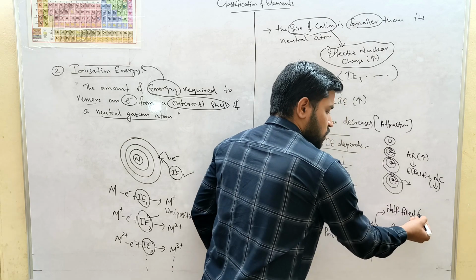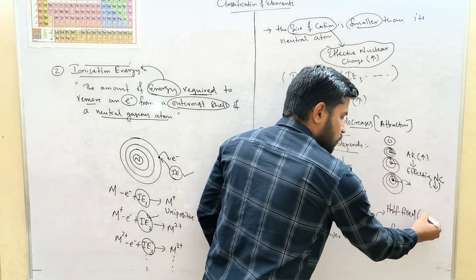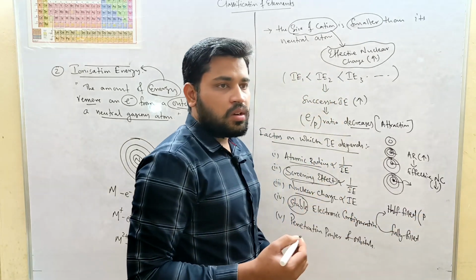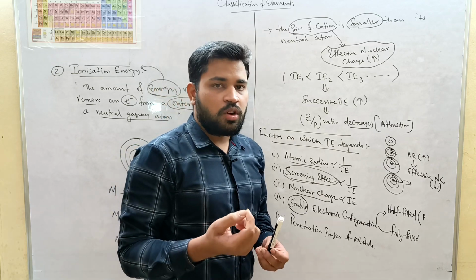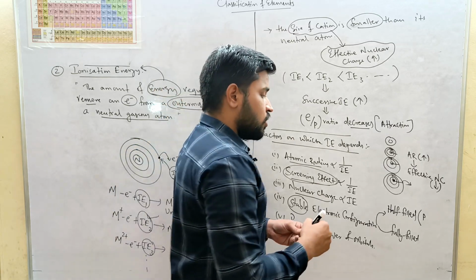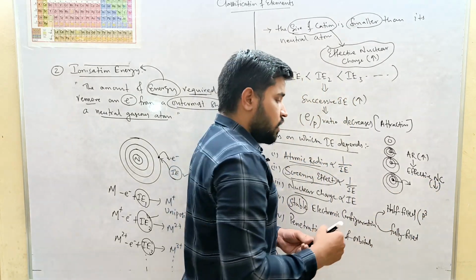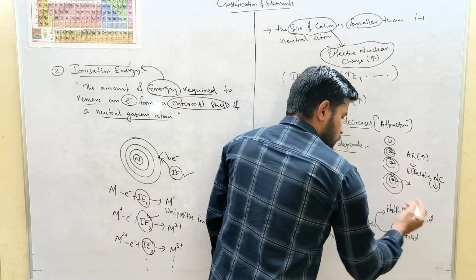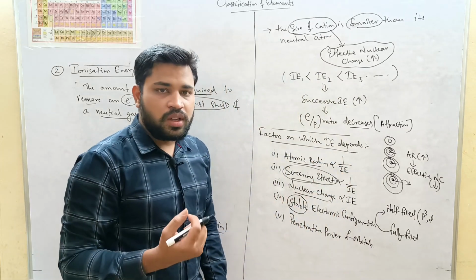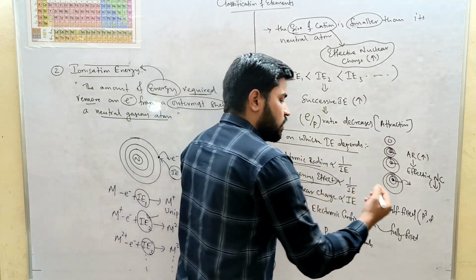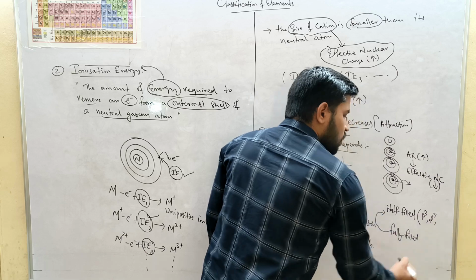For the s subshell, generally we can consider p. In the p subshell, how many electrons can the p orbitals hold? It will be 6 electrons maximum. When they are occupying 3 electrons, we can say it is half filled. For d, the number of electrons it can hold is 10, but when they are occupying 5 electrons, it is called half filled.